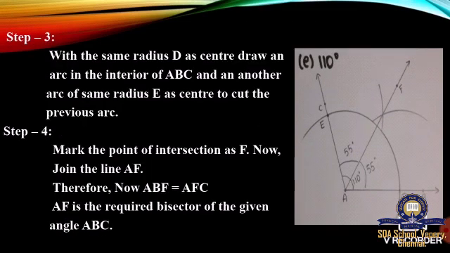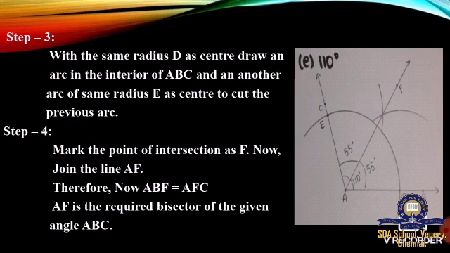What is our next step? With the same radius, using the compass with D as center, draw an arc in the interior of ABC and then another arc of the same radius with E as center to cut the previous arc. Next, mark the point of intersection as the point F. Now, we need to join the line AF.